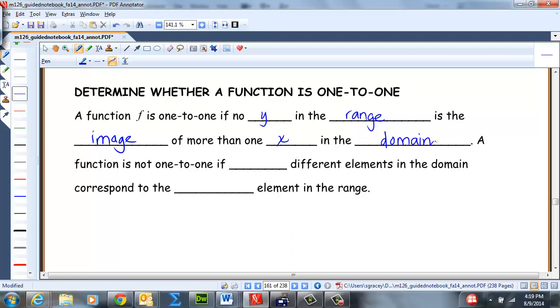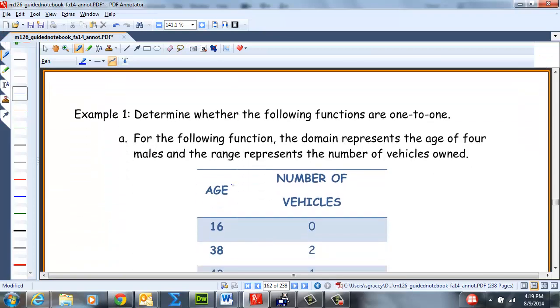A function is not one-to-one if two different elements in the domain correspond to the same element in the range.